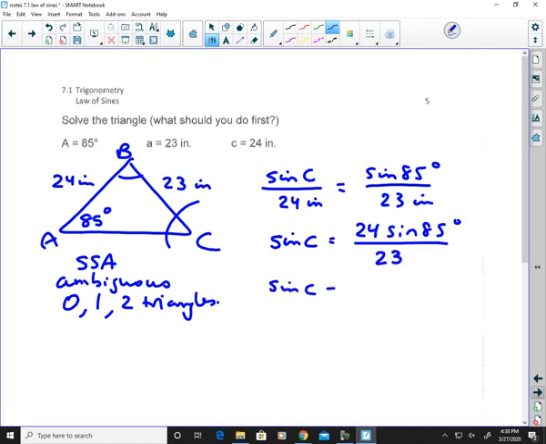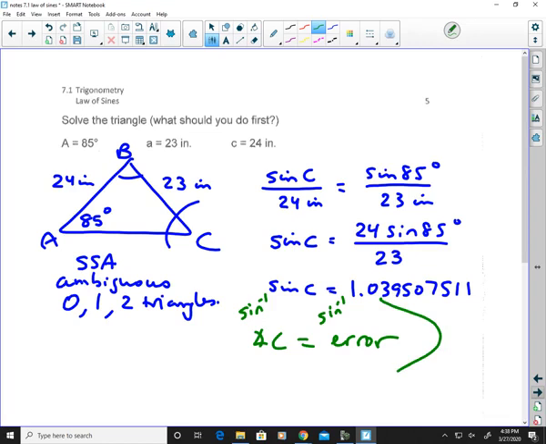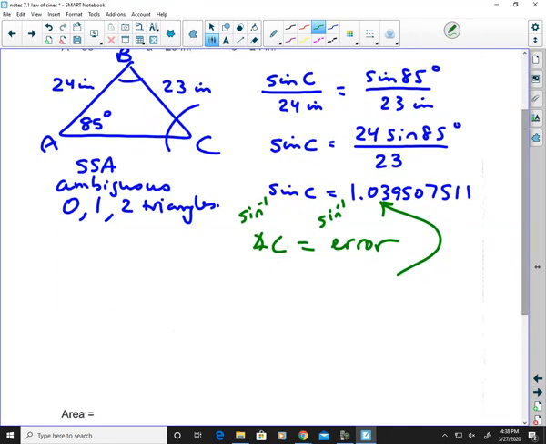Sine of C, just to look at what that number is, is 1.039507511. Now I need to do the inverse of both sides. Angle C equals error. Why can't I do an inverse of this ratio? This ratio, which is opposite over hypotenuse, why can't I do an inverse on a ratio like that?